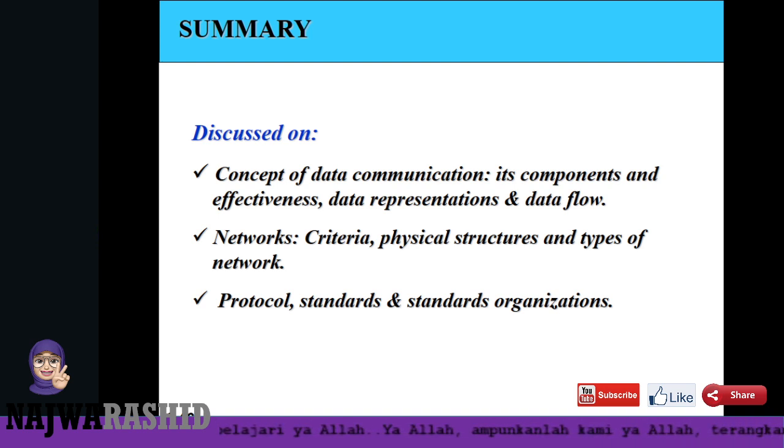And then we also learned about the network, the computer network, the criteria of the network, the physical structure, what topology is, and the types of network: LAN, MAN, WAN. And in the third part we learned about protocols, standards, and organizations related to standards in data communication systems. So that's all for this video.